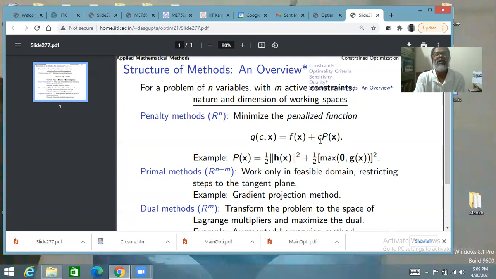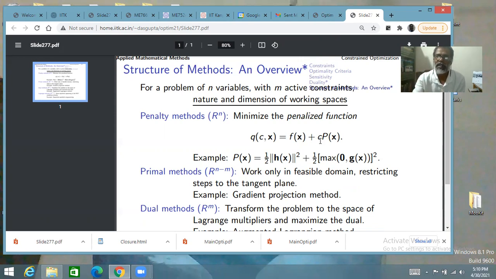Penalty methods are actually the simplest kind of methods, because you don't need to learn new methods to satisfy the constraints; you put them in terms of penalty and use the old unconstrained methods. But you have to slowly play around with C, so that in the initial iterations C is not very large and doesn't create ill conditioning.